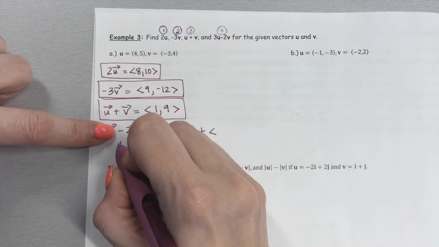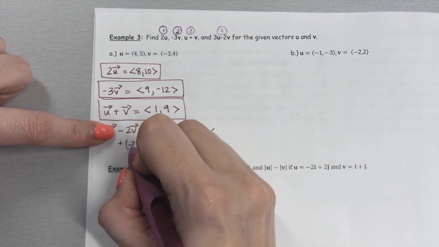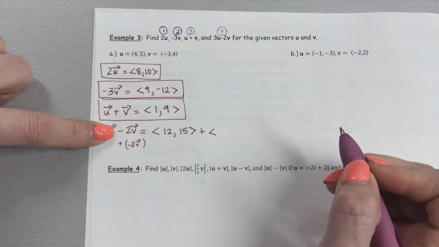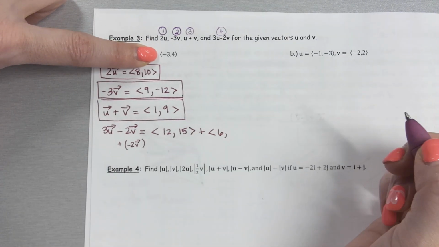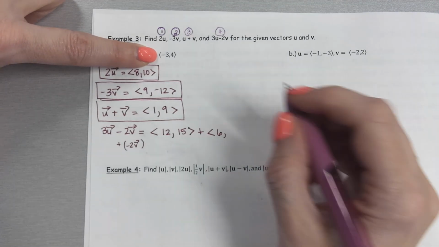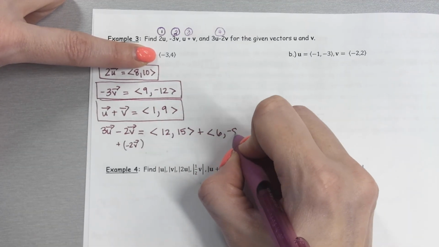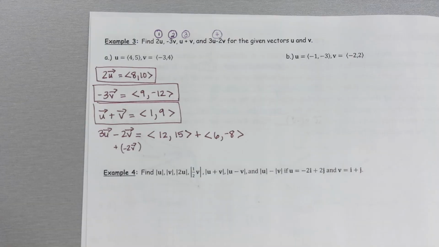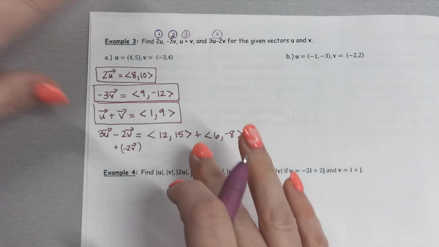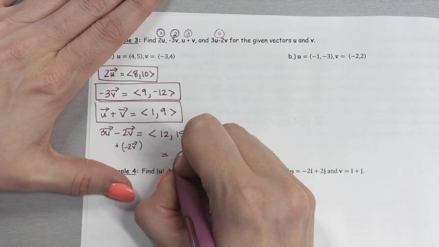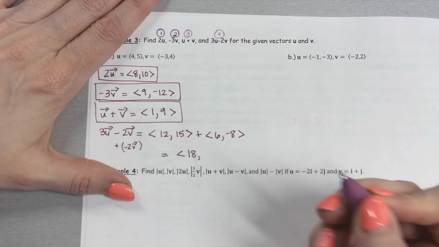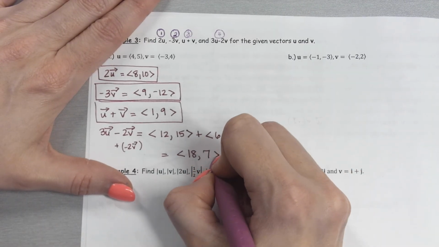So it's the same thing as plus negative 2 times v. A negative times a negative is positive, negative 2 times negative 4, and then I can just add. If you want to subtract and distribute the 2, that is fine as well. So then we get 18. 15 minus 8 will be 7.